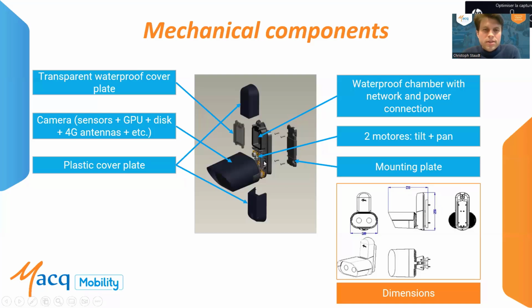Below is the part where you have two motors, which ensure the pan and tilt feature remotely. And then you have to mount the camera, of course, either on the gantry or on the pole.